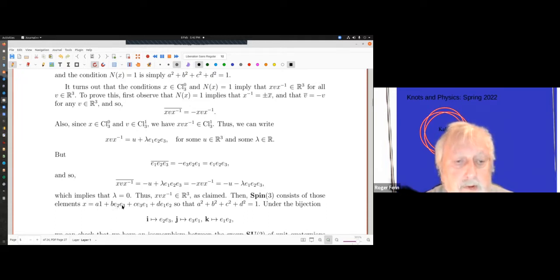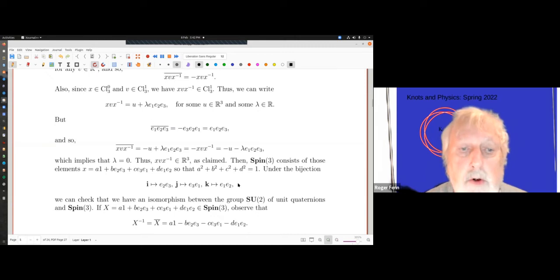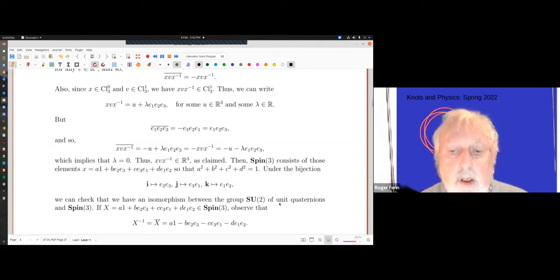So remember, there's 3 generators here. These are like the unit quaternions, and of course we know that conjugation by spatial quaternions defines a rotation of free space.